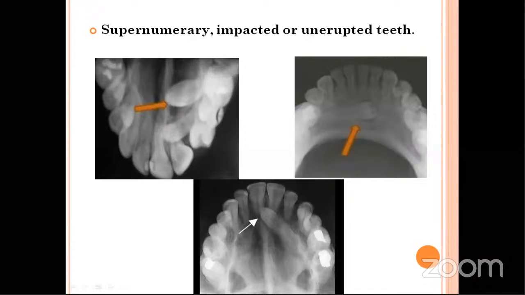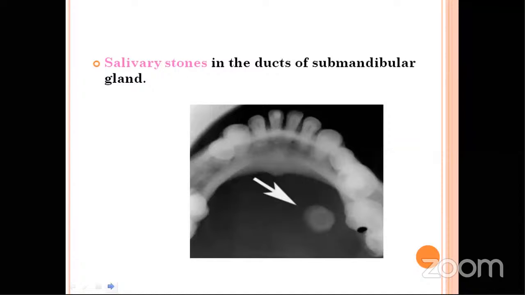This is a normal anatomic variant. Here you can see this prominent part is the genial tubercle. And this is a radiopaque structure seen in a cross-sectional mandibular occlusal radiography, which is the salivary stone or salivary calculi of the submandibular gland.